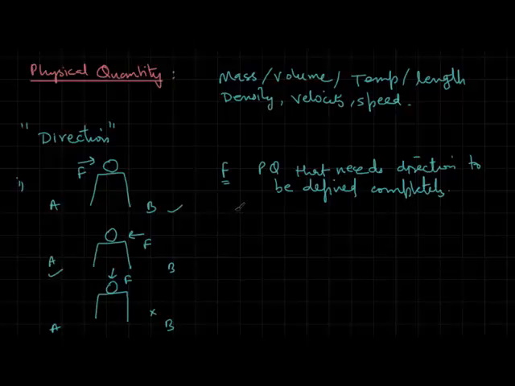Now there are some other physical quantities that do not need direction, for example temperature. You don't say that the temperature is 20 degrees north or 20 degrees south or east. Or mass, for example. These physical quantities don't need direction. And some other physical quantities like velocity and displacement are the ones which need direction.